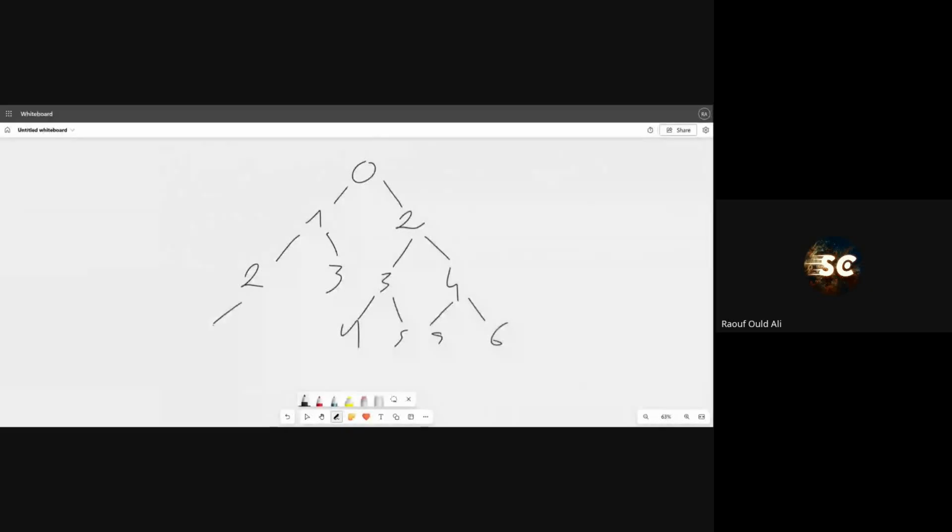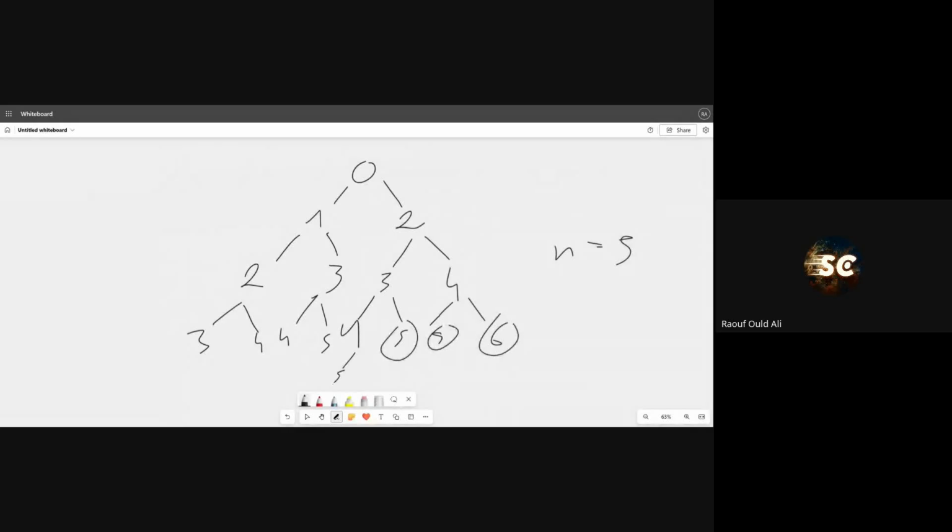Here as well, we'd have 3 and 4, 4 and 5. Okay, 5 and 6 are our base cases because n is equal to 5. So there is nothing anymore to compute here and here and here.